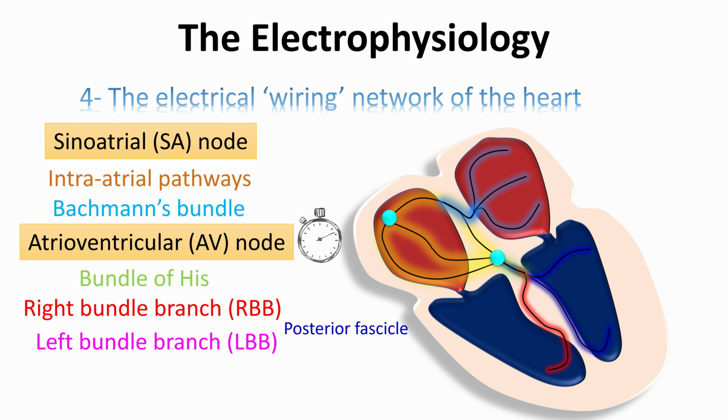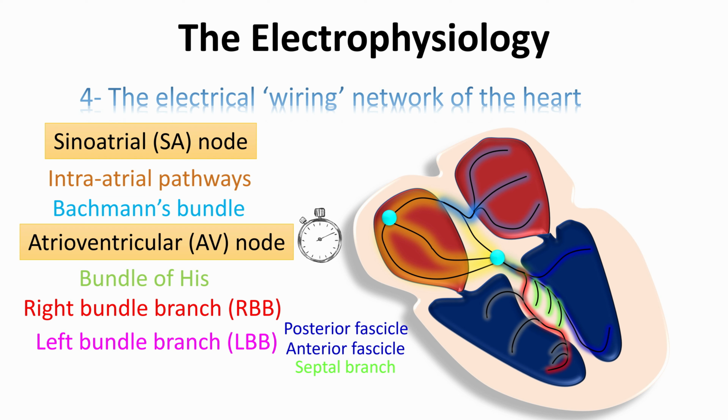A small septal branch originates from the left bundle branch to activate the interventricular septum from the left to the right. The left bundle branch further divides into a left posterior fascicle and a left anterior fascicle. The posterior fascicle is a broad band of fibers, which spreads over the posterior and inferior surface of the left ventricle.